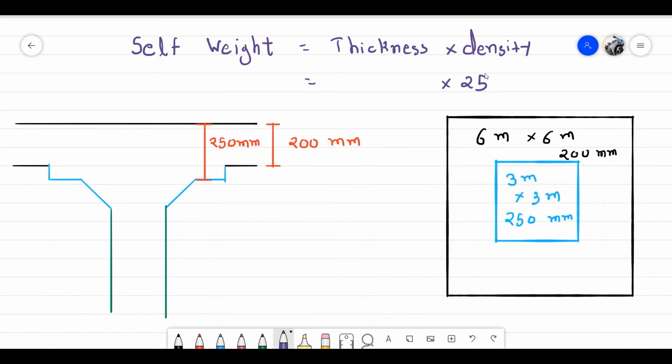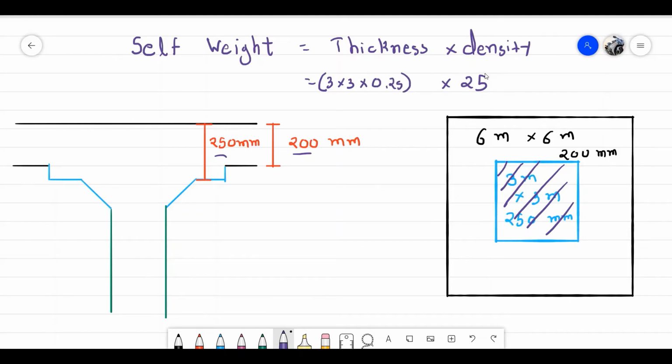Look here, it's 200 mm and 250 mm. So I take the 3 meter by 3 meter portion with 250 thickness, so I calculate 3 into 3 into 0.25.